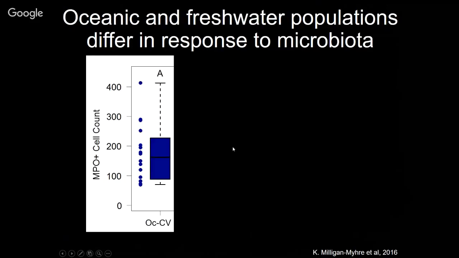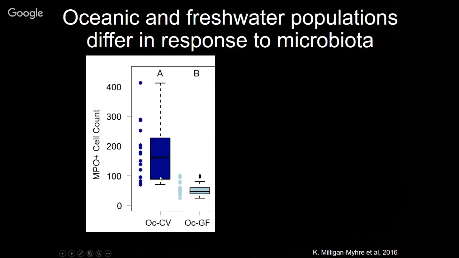to determine how many neutrophils are in the gut. So when we look at our oceanic or our marine fish, when they're raised conventionally in the presence of microbes, we see a large number of neutrophils in the gut, somewhere between 100 and 200 neutrophils per fish. Each one of these dots represents the number of neutrophils in an individual fish, and this is the average and the variance.